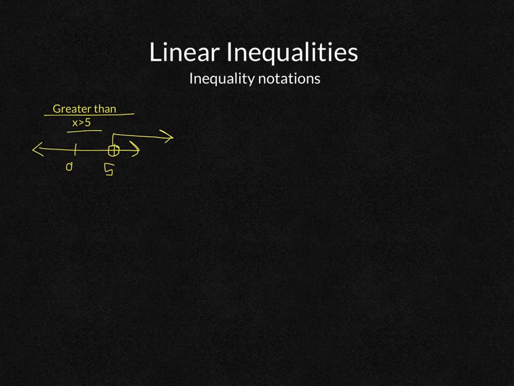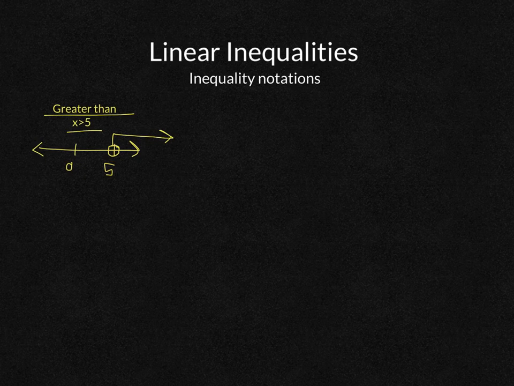The other notation that we have for an inequality is interval notation. With interval notation, after you have the graph, the number line, you read the number line from left to right. So I have nothing until I get to right here.